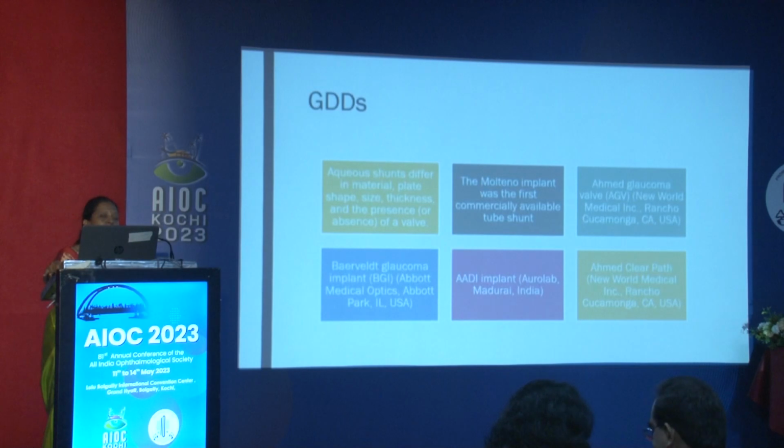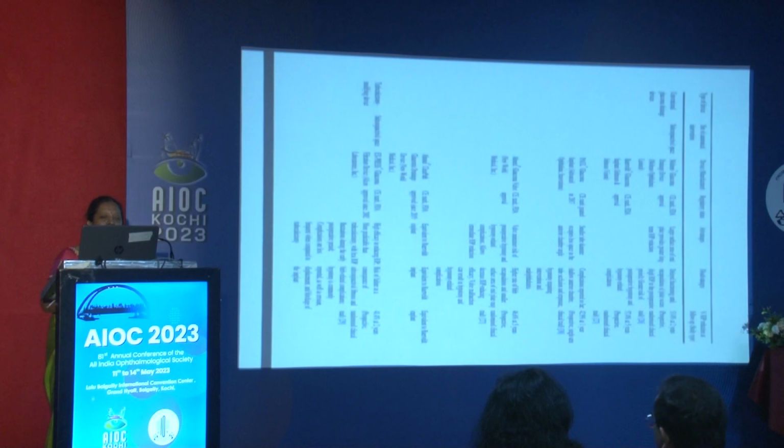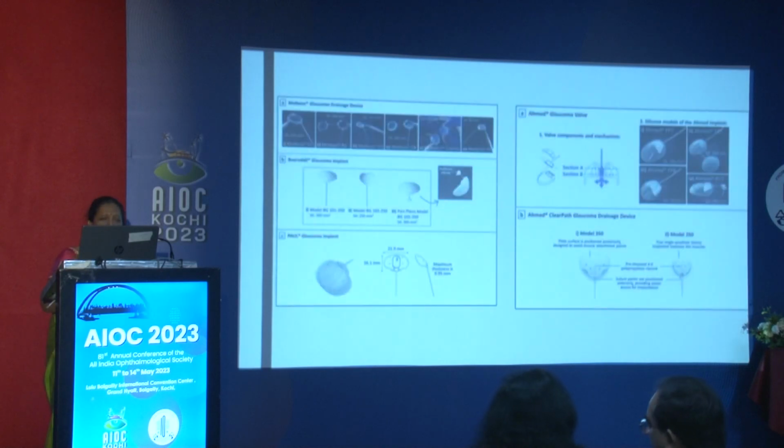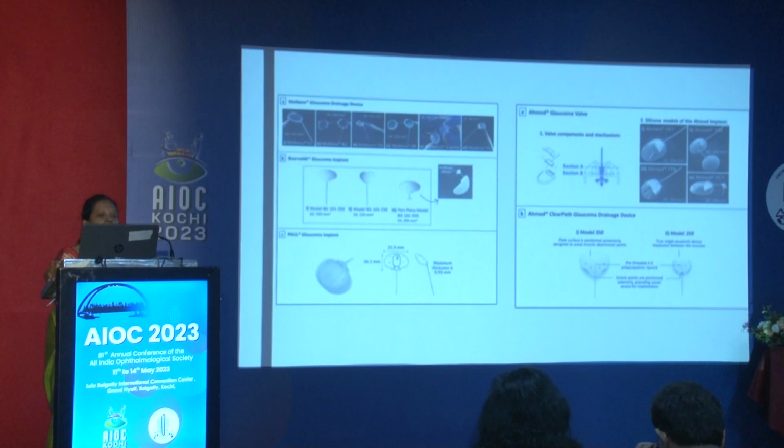And as you all know, the aqueous shunts could be valved or non-valved, and they vary in material, size, and shape. The popular ones are Ahmed, Baerveldt, and the prototype of Baerveldt, the Indian indigenous device, the AGV, which is very popular.